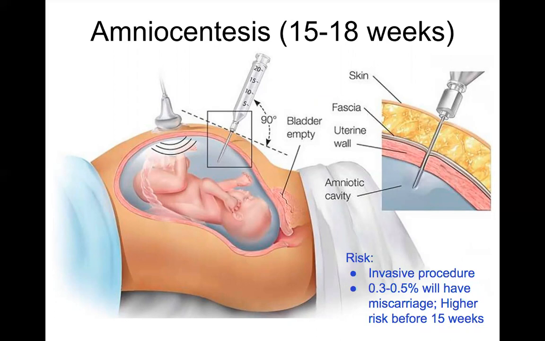And hopefully, if there is some form of mutation, you can see it quickly and allow this information to be passed on to the parents, and then they can make a decision or make preparations for caring for a child that has a particular condition.